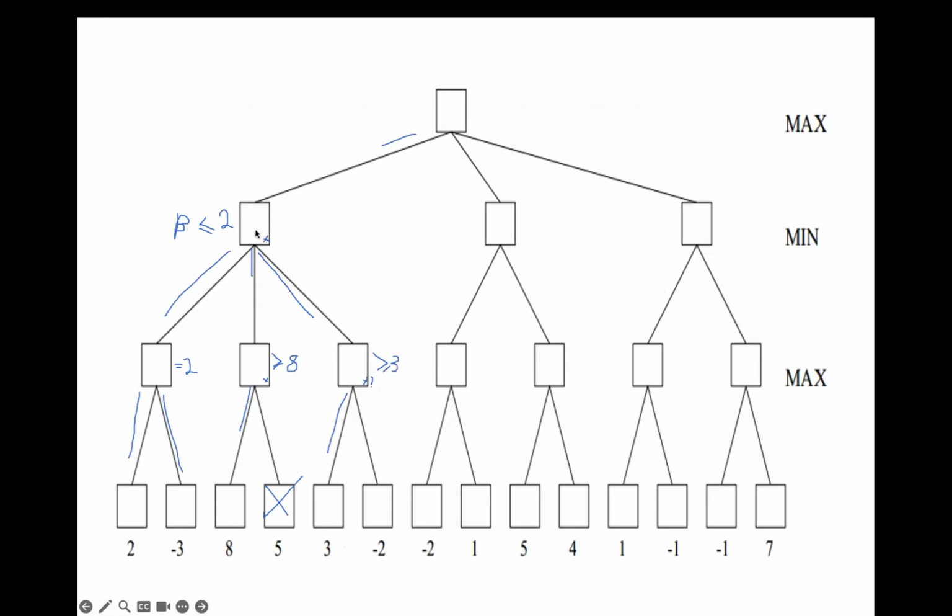Now, we'll come back to our rule. When minimizing, the beta principle: when you are minimizing, do not expand any more children once you see a sibling whose evaluation is greater than that of beta.